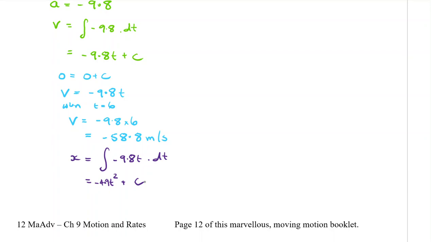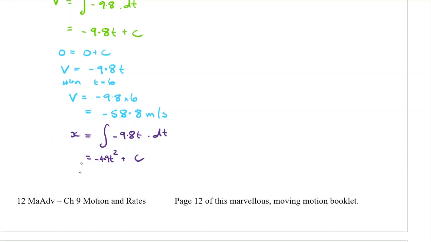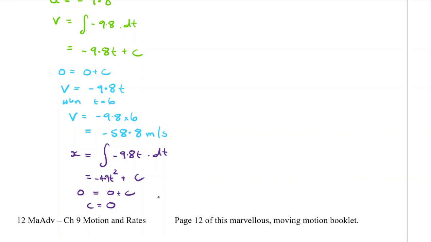What am I subbing in this time to find this constant? 0 and 0 again, because at time equals 0, displacement equals 0. So that means we would have 0 equals 0 plus c. The constant is still 0, which means that my equation is x equals minus 4.9 t squared.